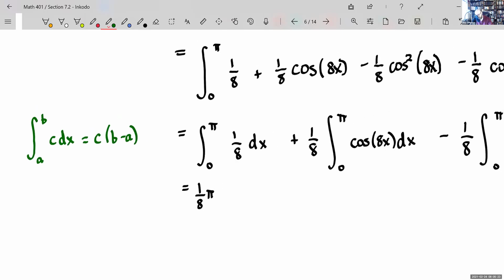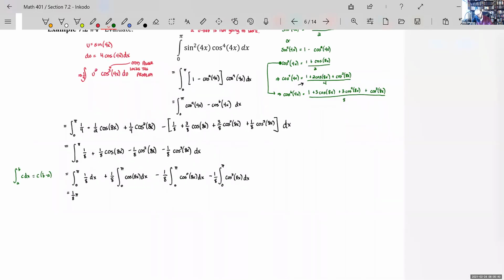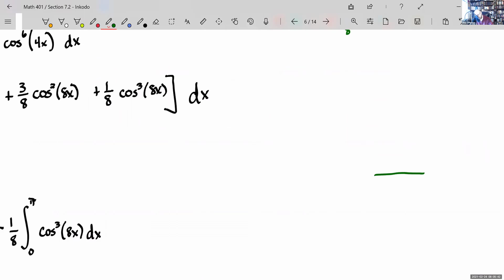But the next one, this guy right here, I want you to really think about what cosine of 8x looks like. Normally, the cosine curve goes through a full cycle from 0 to 2 pi.